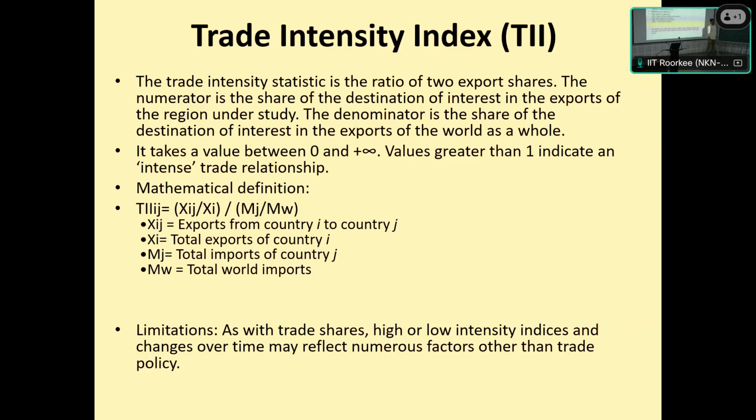Divided by the world exports of the ith commodity, out of the total exports of the world. So the ith commodity and its export to the world, out of the total exports of the world.